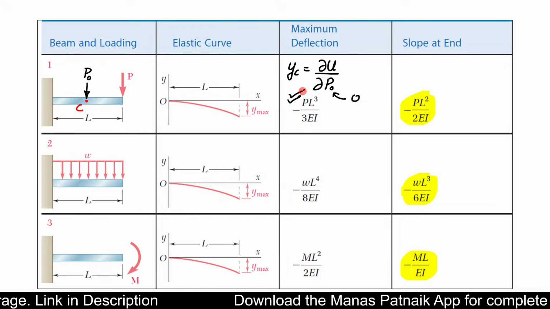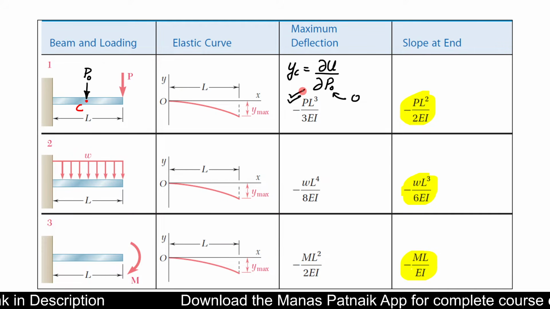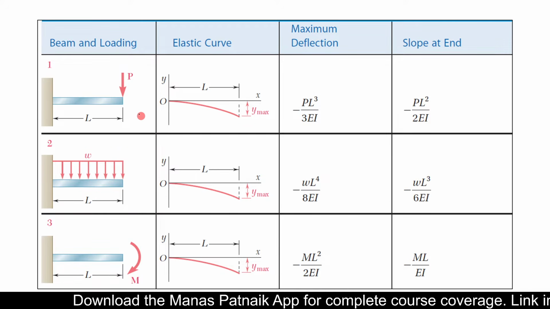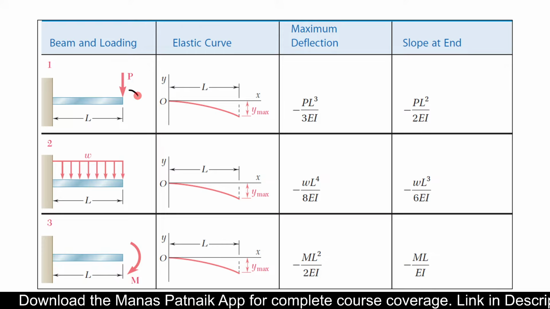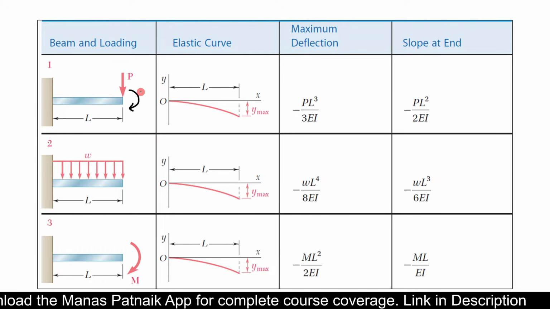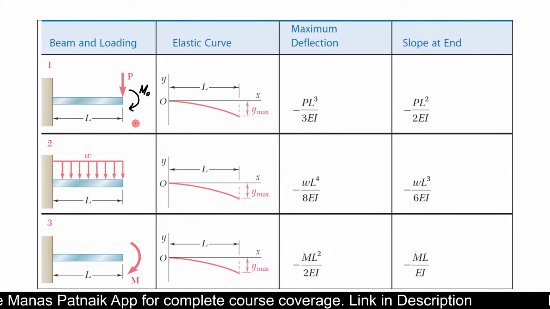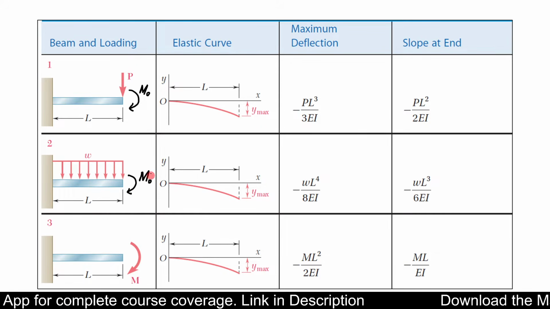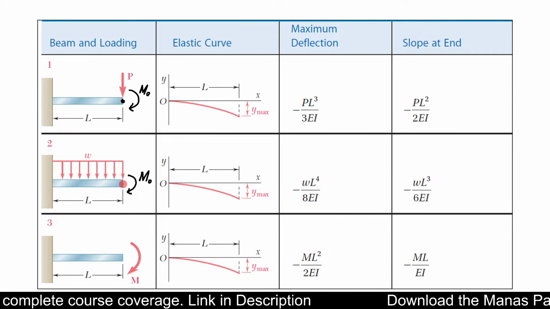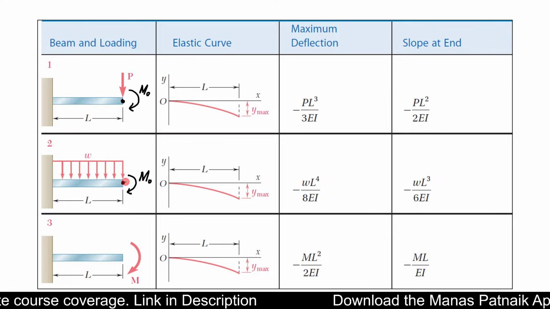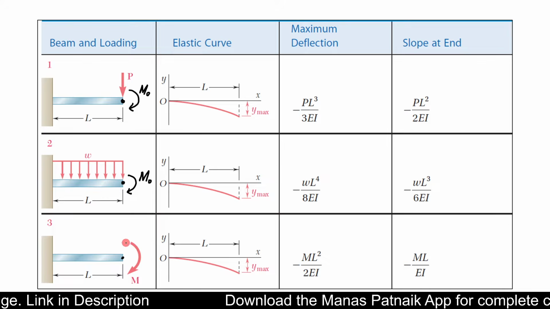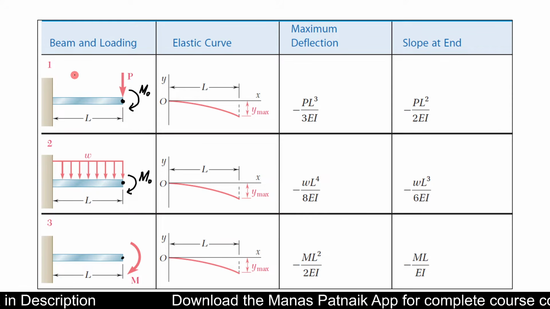This is one way. However, today we are interested in calculating the slope. So what we will do, if you watch, is apply a couple over here, a couple of magnitude M0. Even here also we have to apply a couple, because these are the two locations, that is, the free end, where we have to find the slope.